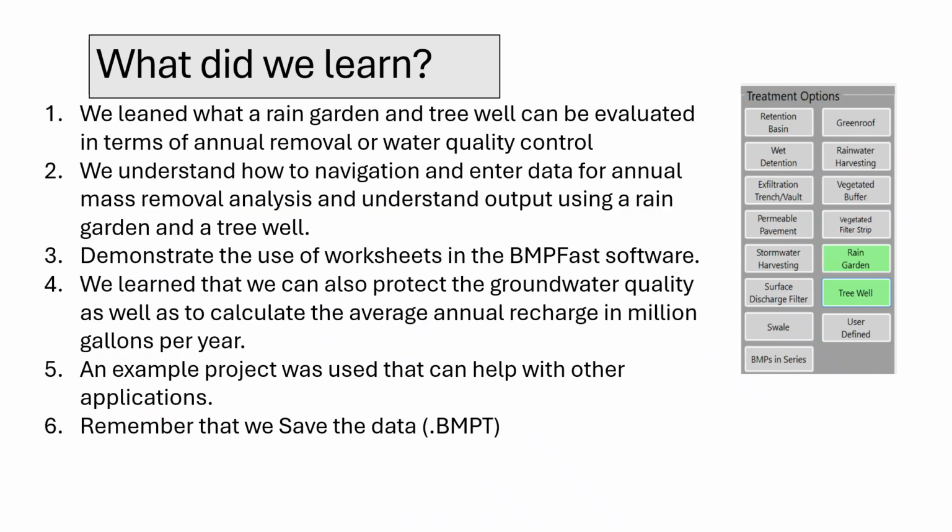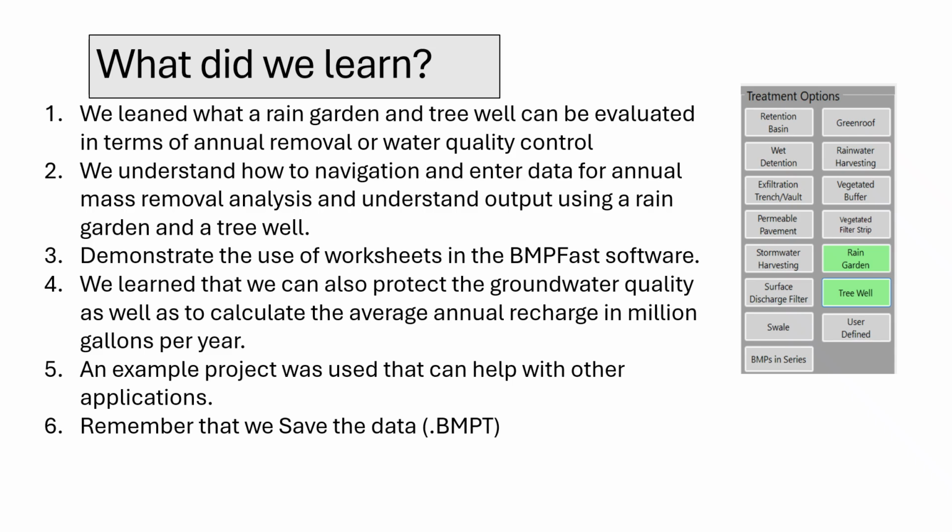Over this session, we've covered how rain gardens and tree wells, commonly used in development projects, can be evaluated for their average annual removal effectiveness and overall water quality control. We now understand the necessary inputs for assessment and are familiar with how to navigate and utilize the BMPFast software to conduct an annual mass removal analysis, as well as interpret its outputs.